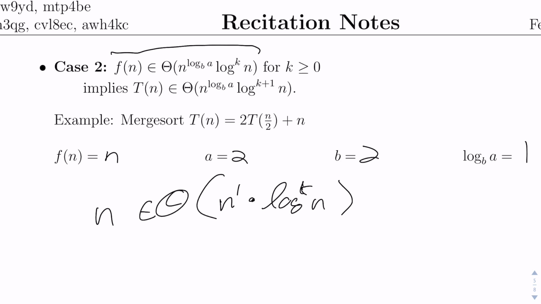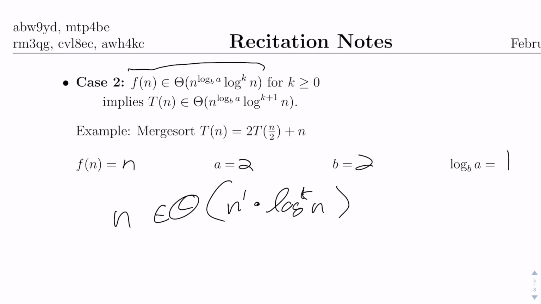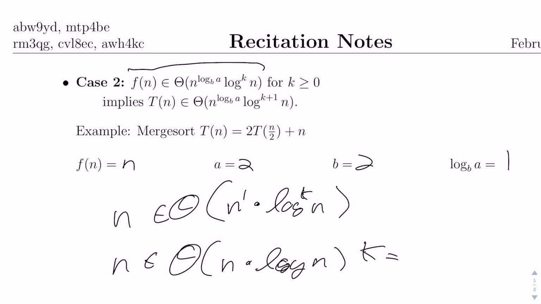All right, and so what do you think would be a good value for k here? Say we choose k equals 1, right? N times log of n. Is this true? Is n theta of n log n? Yeah? No, right? So k equals 1 is a bad choice.